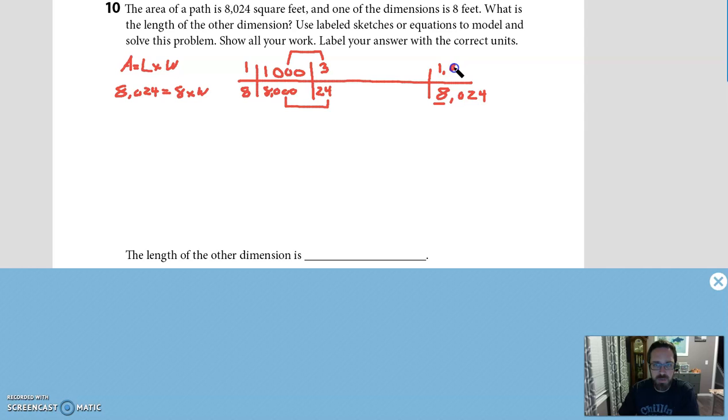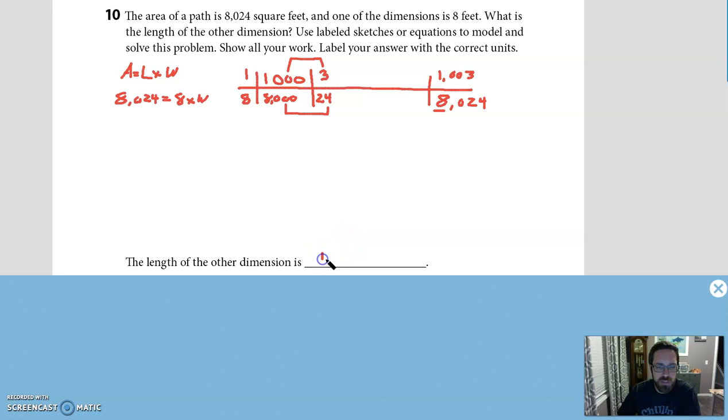It would be 1,003. So what is the length of the other dimension? The other dimension would be 1,003 feet. So it would be an 8 by 1,003 feet. So using place value, because that's going to help us when we get to standard algorithm or traditional long division.